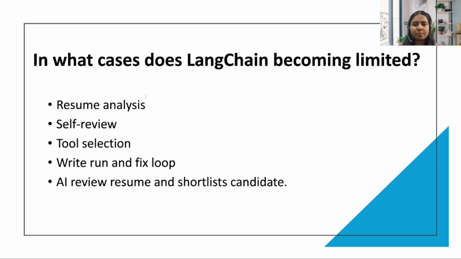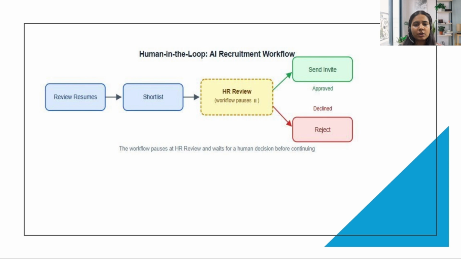For example, suppose we are building an AI system for recruitment, where the AI reviews resumes and shortlists candidates. So it shortlisted the candidates for us.